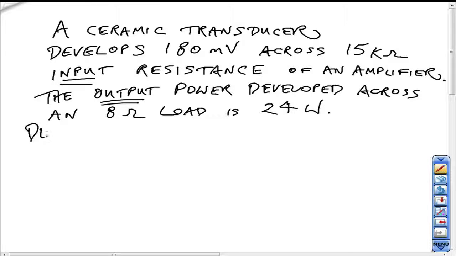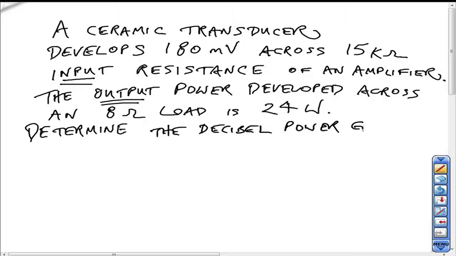And then here comes the goal. Determine the decibel power gain of this amplifier. These are such fun problems.